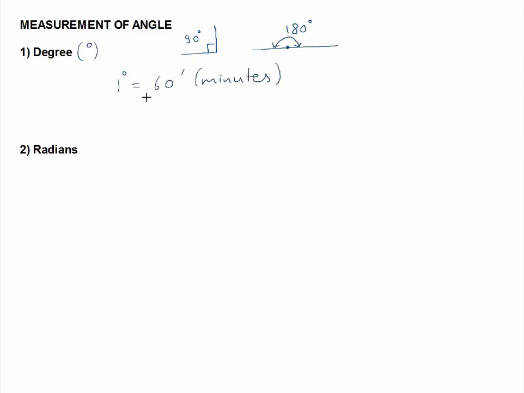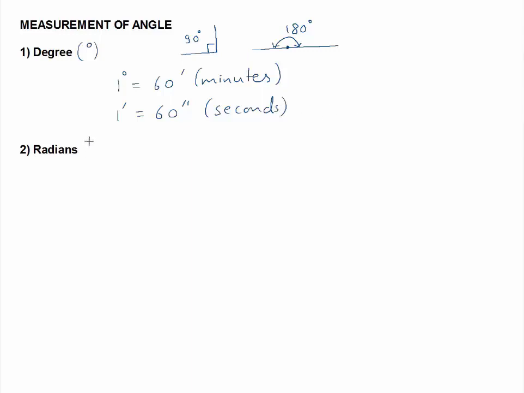Just like we have 1 kilometer as 1000 meters and so on, smaller units, similarly degree can be broken down into smaller units which are called minutes, and 1 minute can be further broken down into seconds. So 1 minute is 60 seconds.